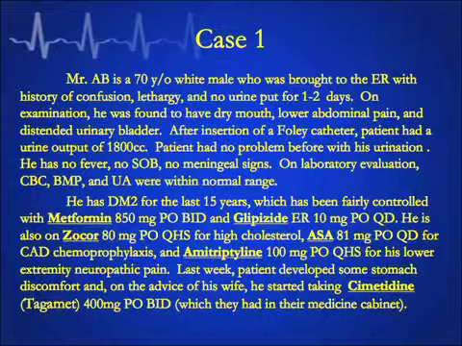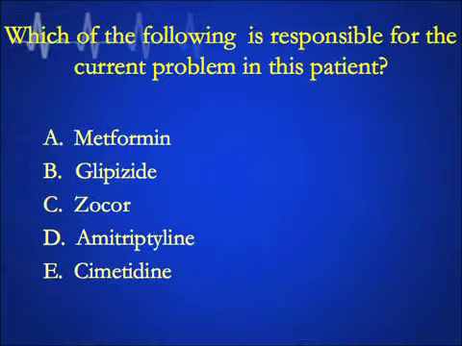After insertion of a Foley catheter, he had 1,800 cc of urine output. Laboratory workup was within normal range. These are the medications: metformin, amitriptyline, Zocor, all this type of thing. If you remember, I told you to pay attention to amitriptyline and Tagamet, which is cimetidine. Which of the following is responsible for the current problem in this patient?